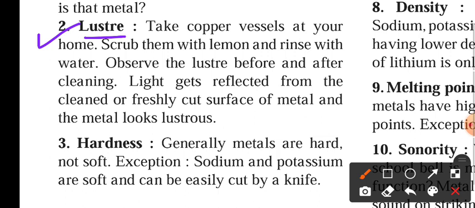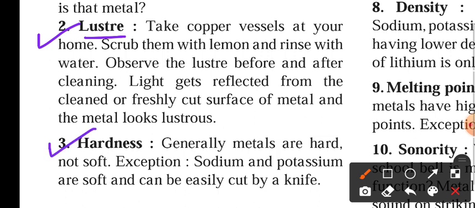Mercury, which is in a liquid state, also has a shine or luster, and that's why mercury is used in thermometers, because it is very shiny.